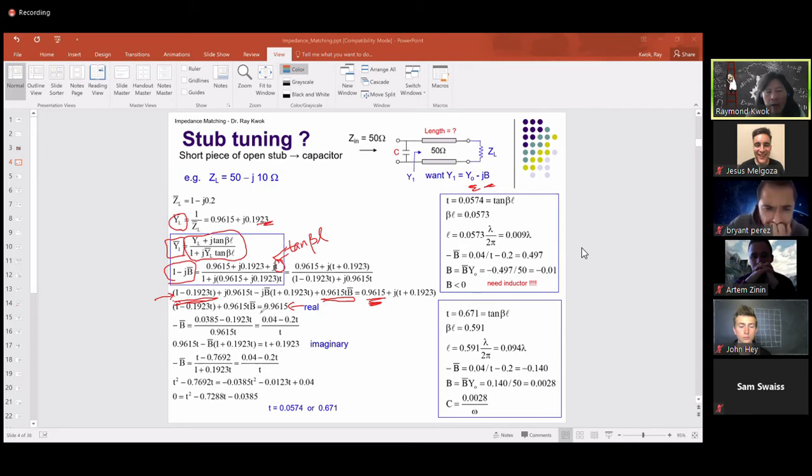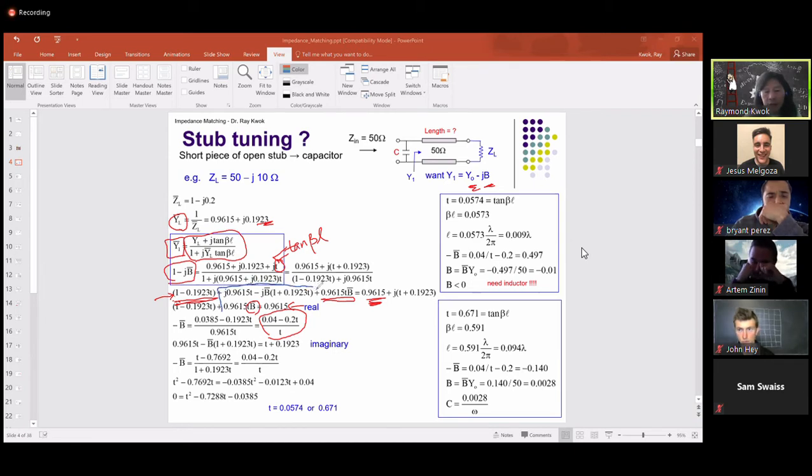Now I can solve for B or B bar in terms of T. So I just do some algebra and solve for this. And then the imaginary part of the same equation.